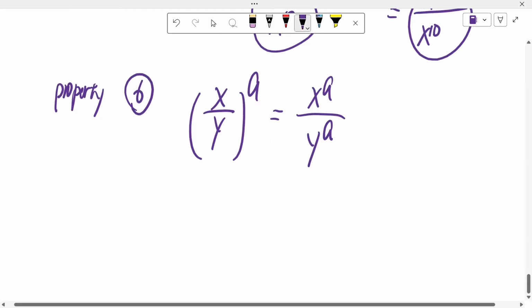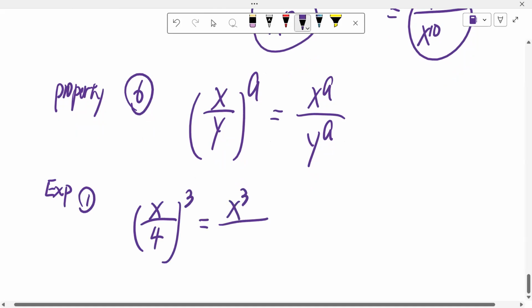So for example, you have something like x over 4 to the third. Distribute the power on top, x cubed. On the bottom, 4 cubed. After that, we simplify, so it becomes x cubed over 4 times 4 times 4. That's 64.